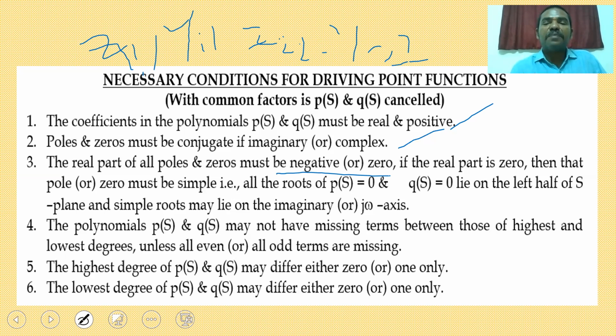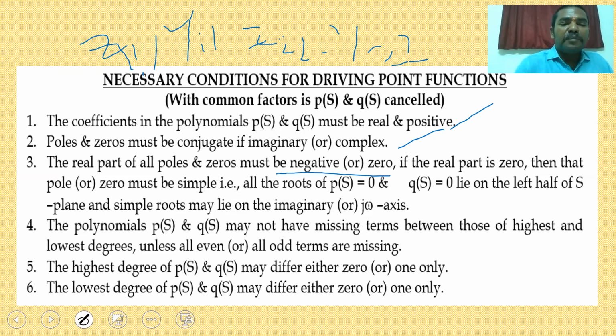So that means s minus z1, s minus z2, or simply s, like that. Okay. Then if the equations are like that, all the roots must lie on the left half of the s plane, and also some of the roots, as s is equal to 0, lie on the margin, that is at the margin axis or at the origin. So that is also a stable system.